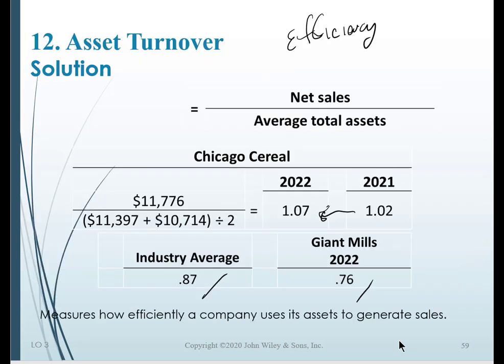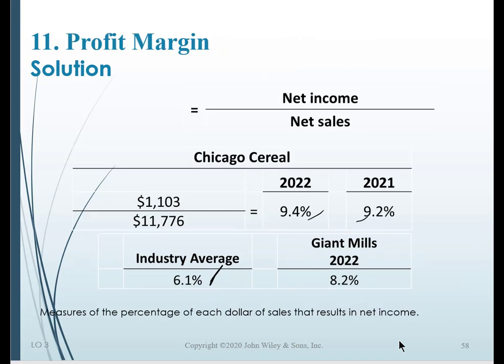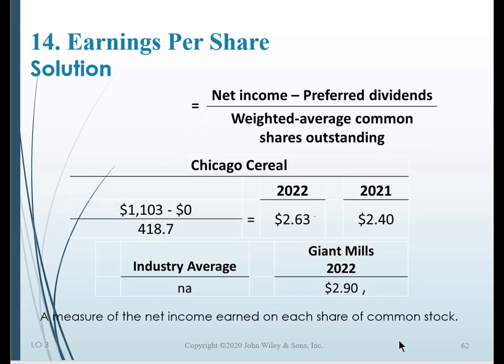Let me find it. So they're 1103. Well, we don't have their numbers, so we can't make that comparison. But again, all we know is that one is bigger than the other. We're not sure why. Maybe they have more net income, right? Maybe they have fewer shares. We don't know the answer to that.